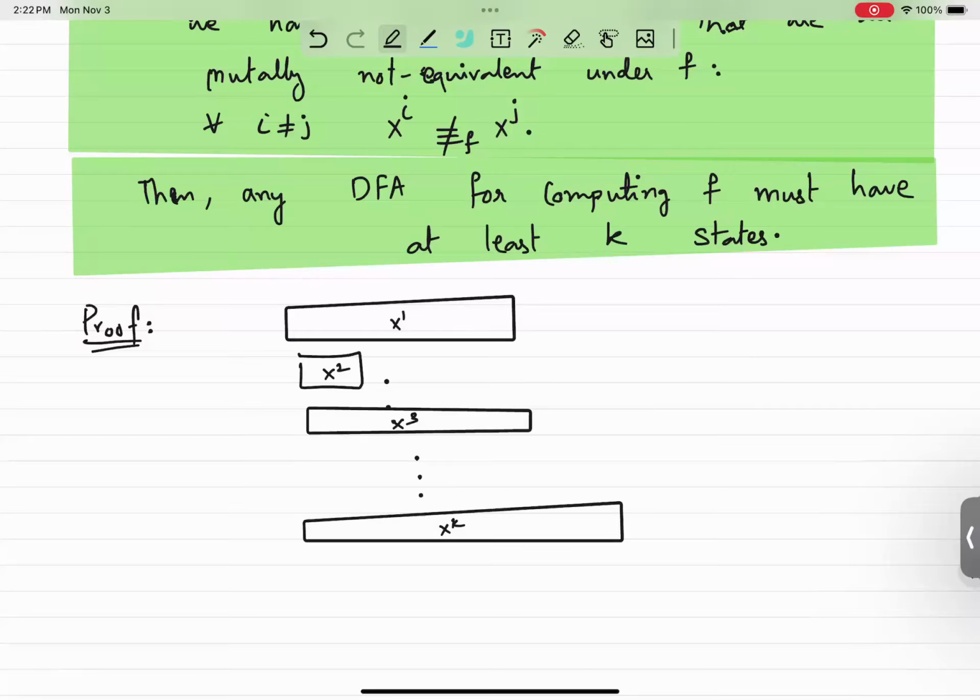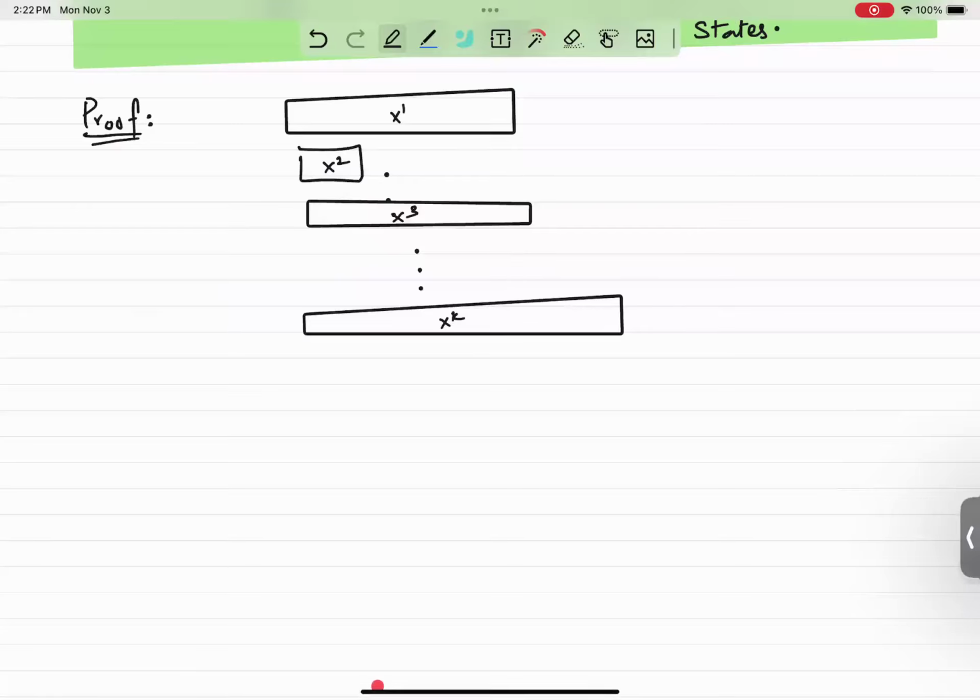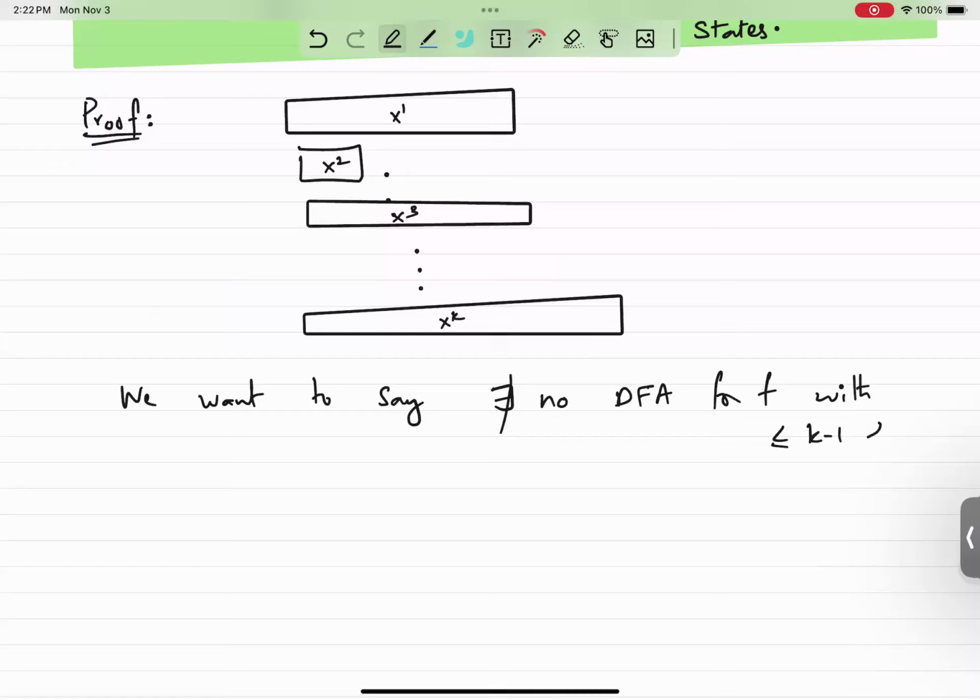We want to say that there exists no DFA for F with, say, less than or equal to k minus 1 states.